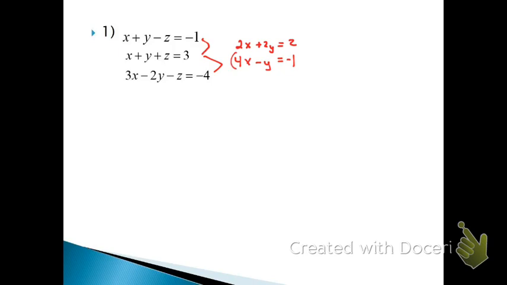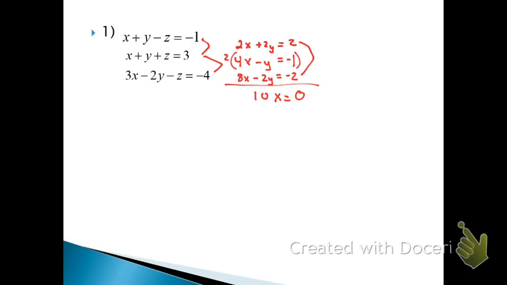So let's multiply that bottom equation by 2, which becomes 8x minus 2y equals -2. Now we add these two equations together, which gives me 10x equals 0.